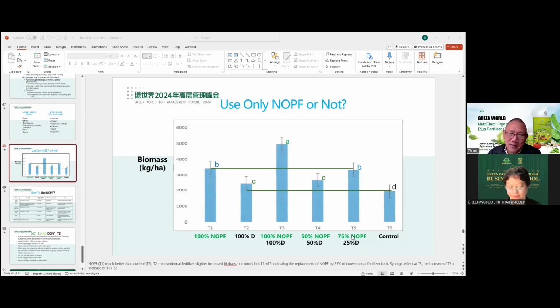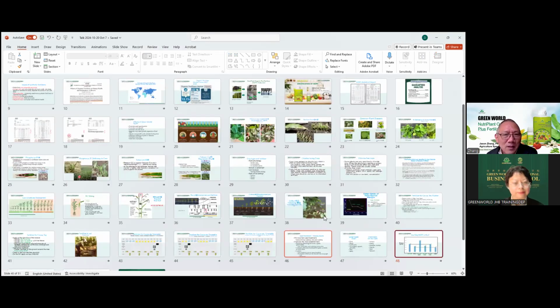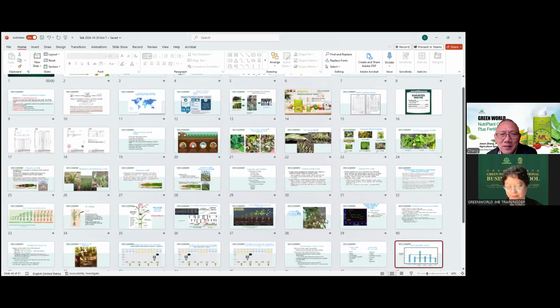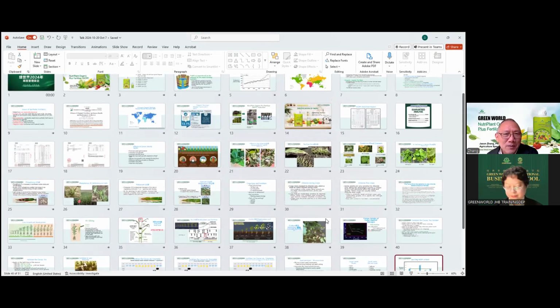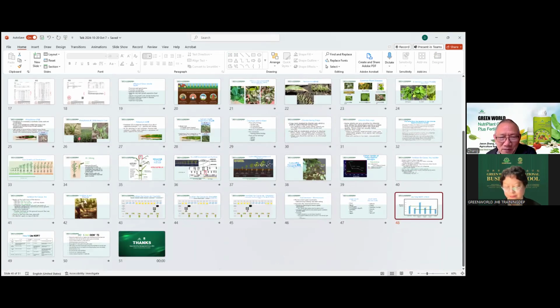Then amino acids, let me see if I have any slides on this. I don't have slides on this. Well, if I spend time to open, maybe I'll just talk. Let me see if I can find it.